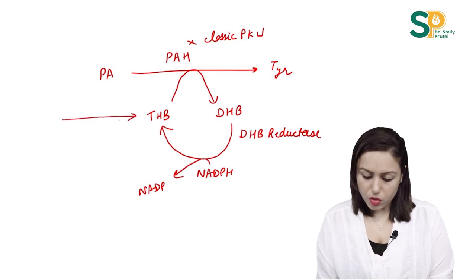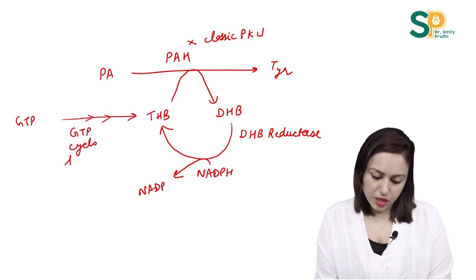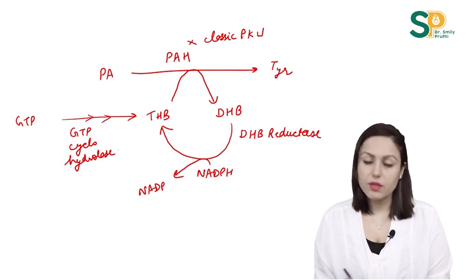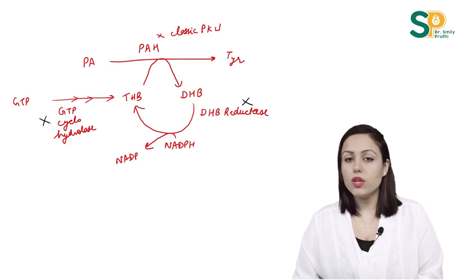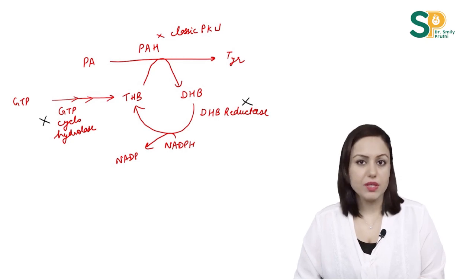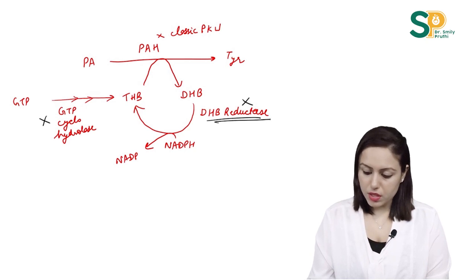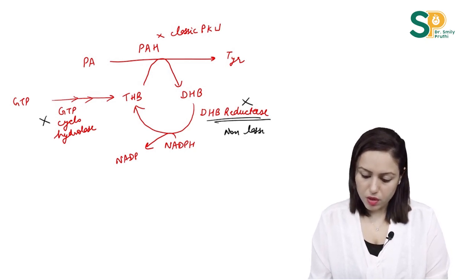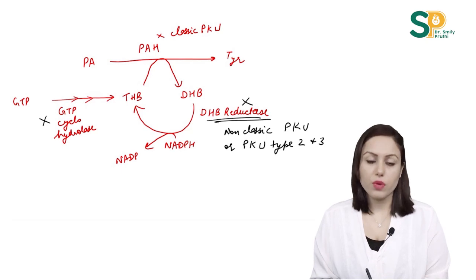Now, tetrahydrobiopterin is derived from GTP and the enzyme is GTP cyclohydrolase, right? Now, non-classic phenylketonuria can occur due to a defect in dihydrobiopterin reductase or GTP cyclohydrolase. If there is a defect in dihydrobiopterin reductase, it is non-classic phenylketonuria or phenylketonuria type 2 and 3. Okay.